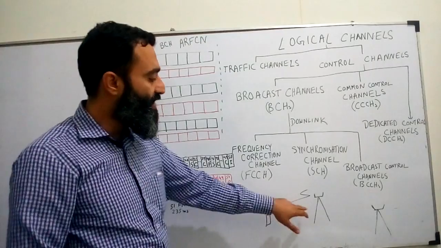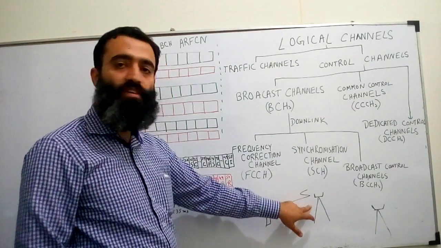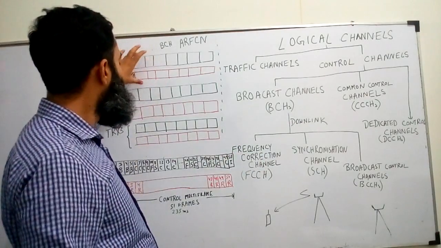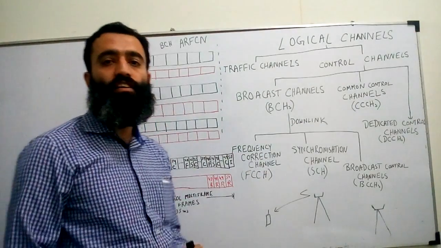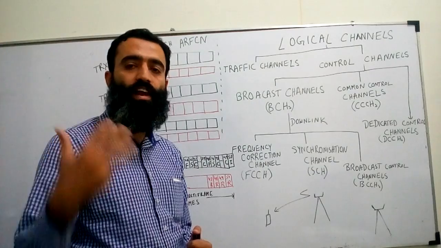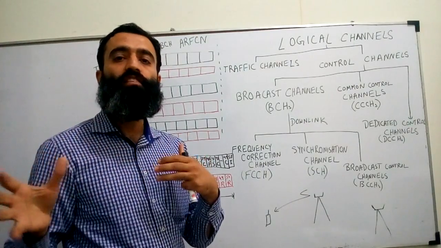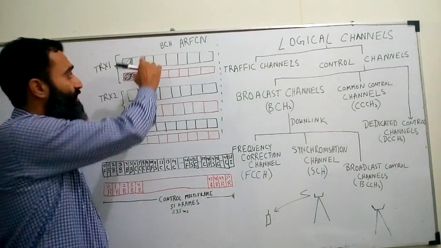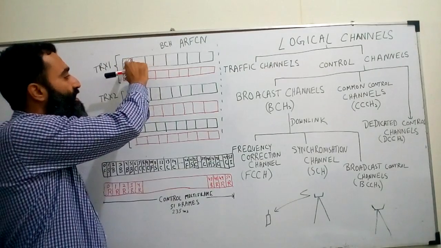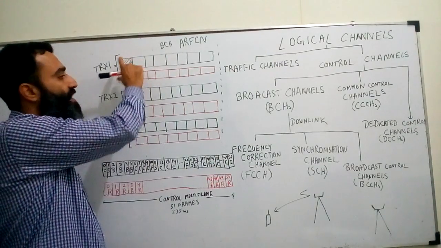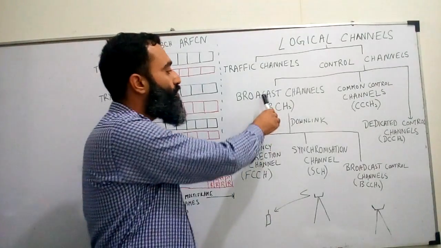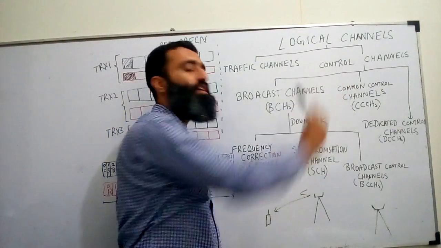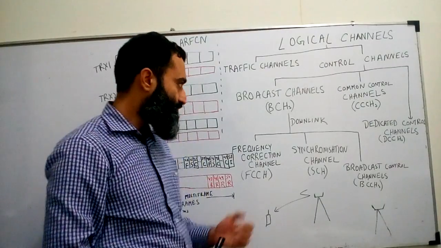In this case, we have a base station which has three TRXs, or in other words, it can handle three ARFCNs. So, for the first ARFCN, the first time slot in the uplink and in the downlink is where we are mapping our broadcast channels and our common control channels.